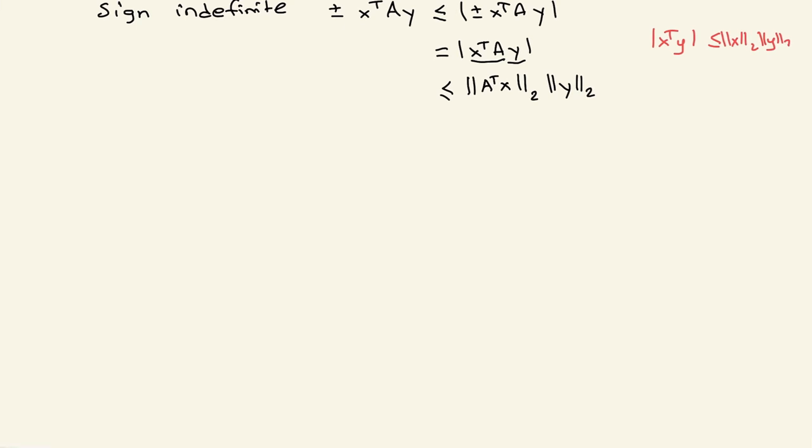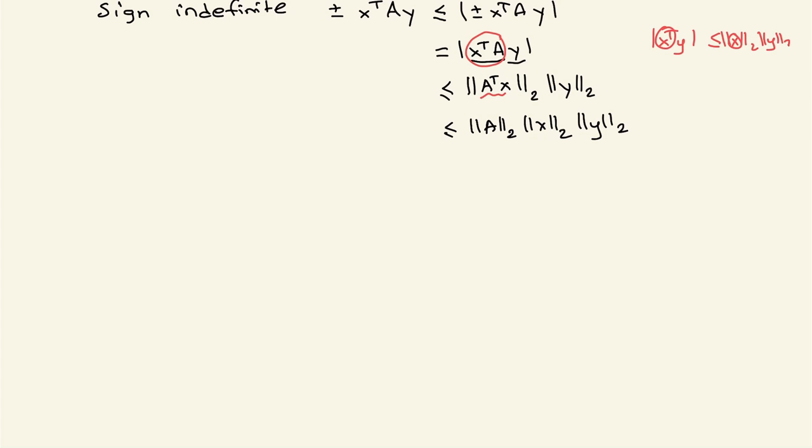I just wanted to convert this. This is our new x transpose. So I wanted to write it like this. All right, now in a similar fashion, this is upper bounded by the norm of A or A transpose times the 2 norm of x, times the 2 norm of y. This is how you upper bound things.